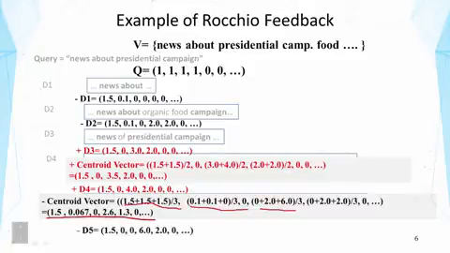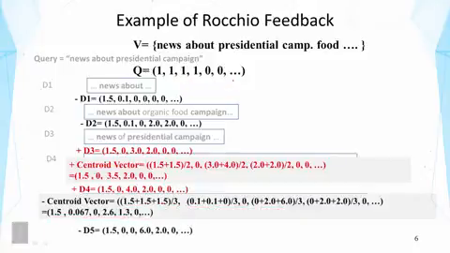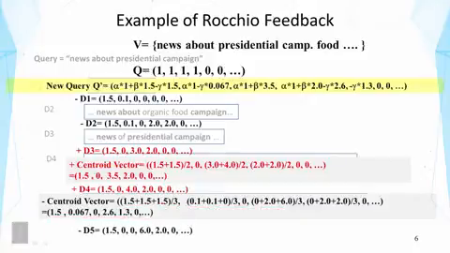Now, in the Rocchio feedback method, we're going to combine all these with the original query vector, which is this. So now let's see how we combine them together. Well, that's basically this. Right, so we have a parameter alpha controlling the original query term weight. That's 1. And then we have beta to control the influence of the positive centroid vector weight. That's 1.5.